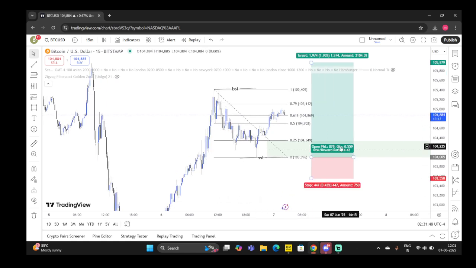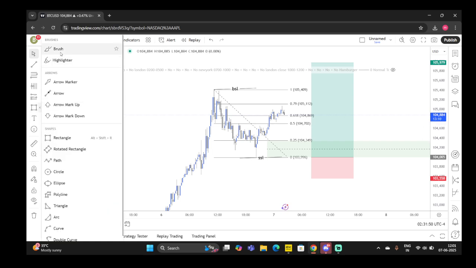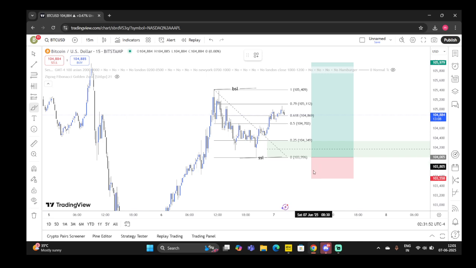Okay. But the stop loss should be below this, and below this swing I have kept. But when the price closes below, leaving a bearish candle, then this will become an MSS.